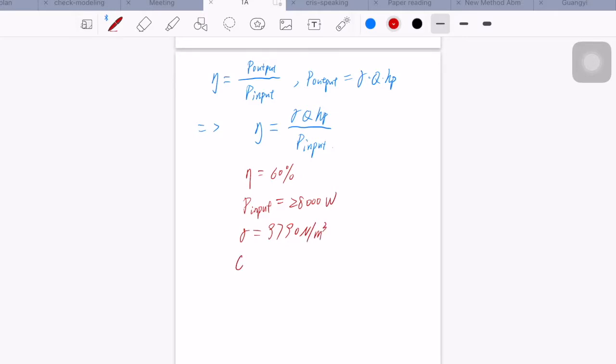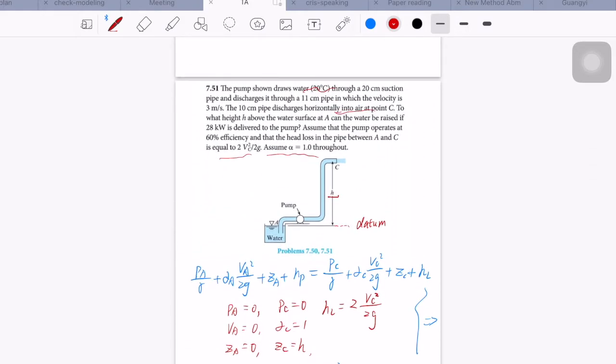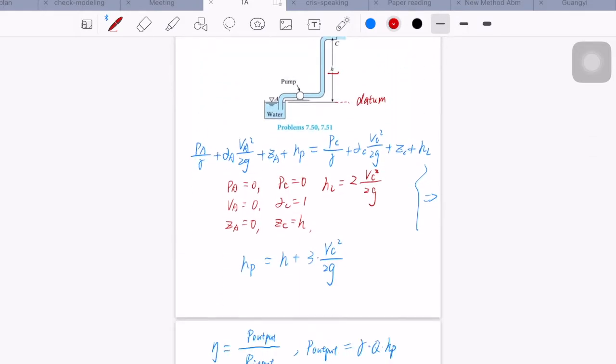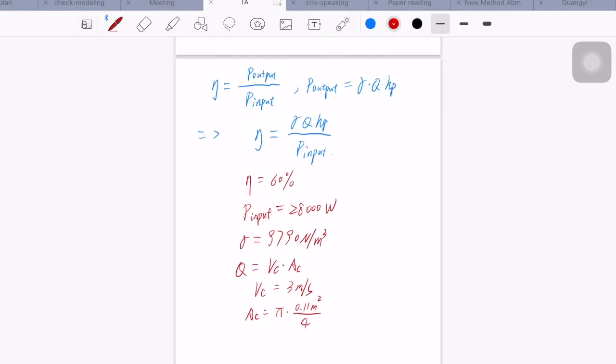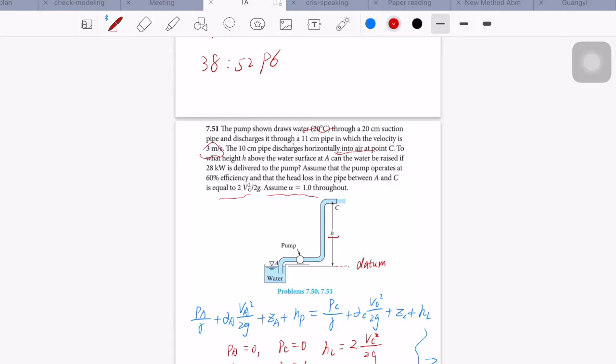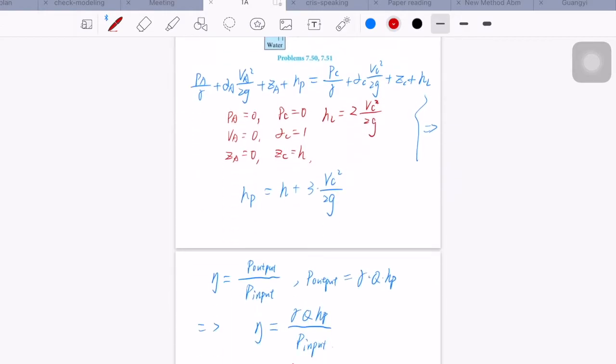And we also know Q should be equal to VC times AC. And from the problem, we know VC is 3 meters per second. And AC should be equal to pi times 0.11 meters squared over 4, since the diameter of the pipe is 11 centimeters.